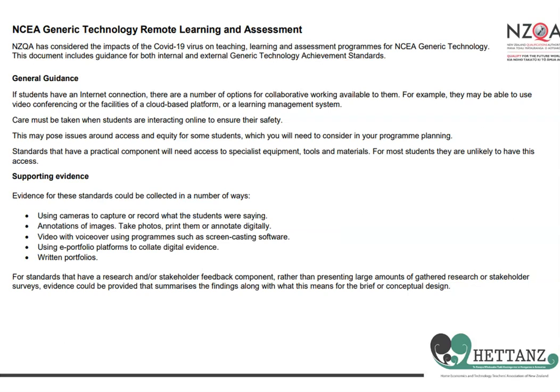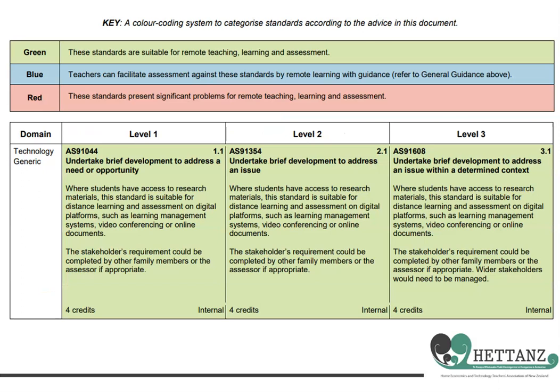Further guidance for remote learning and assessment can be found on the technology homepage, and you will see here that NZQA advise that supporting evidence can be a multiple of forms, including video, photos, annotations, written portfolios and e-portfolios. On the NZQA technology subject homepage, you'll also be able to find this adapted matrix.